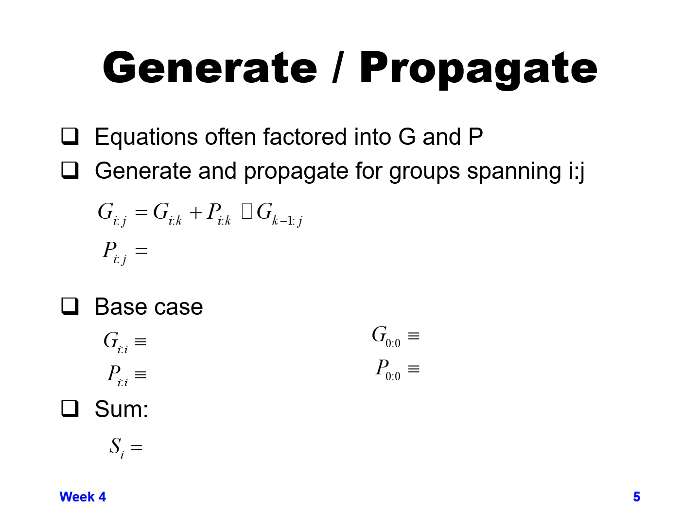So the generate from 8 to 0 could be the generate from 8 through 5, ORed with the propagate value from 8 to 5, ANDed with the generate from 5 minus 1, which is 4, to 0. So if we take the propagate from 8 to 5, ANDed with the generate from 4 to 0, the lowest order bits, and then OR that with the generate from 8 to 5, we get the overall generate value from 8 to 0.